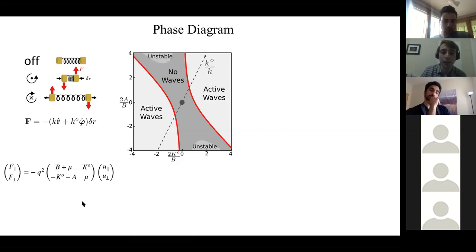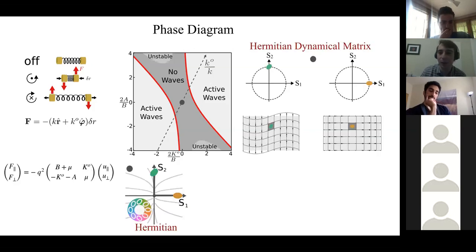So, we noticed one thing, that when A and K naught are 0, this matrix is completely Hermitian, right? It's a real symmetric matrix. And so its eigenvectors, which correspond to the modes of vibration, are orthogonal to each other, right?